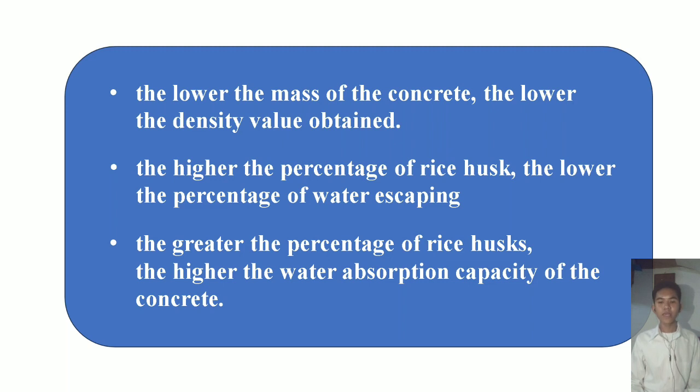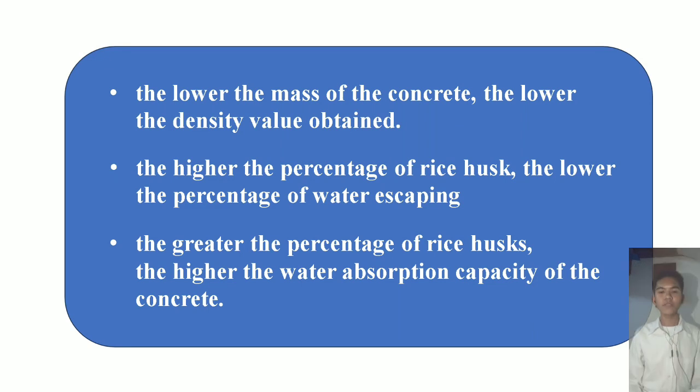Meanwhile, the percentage of water absorption with the addition of rice husk in different variations showed differences. This is because the higher the percentage of rice husk, the more water is absorbed by the concrete.